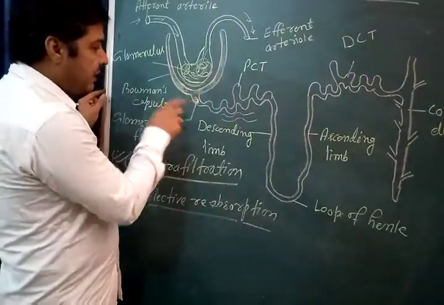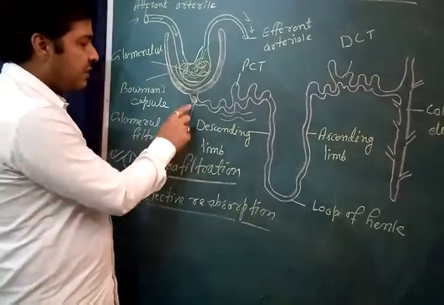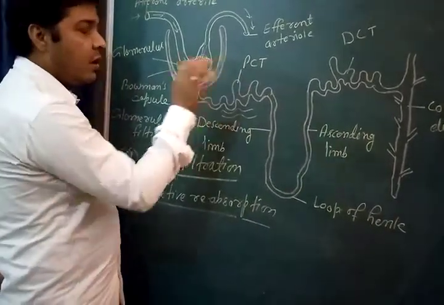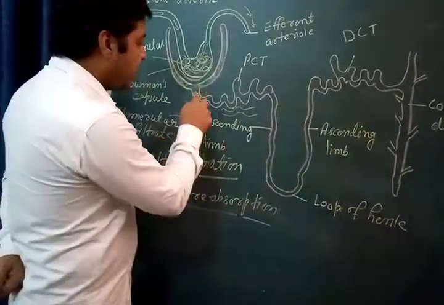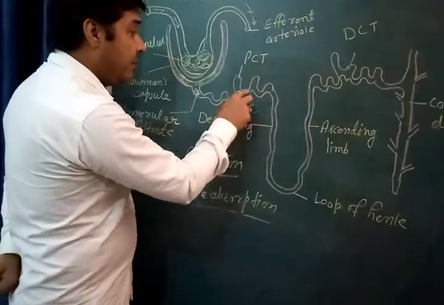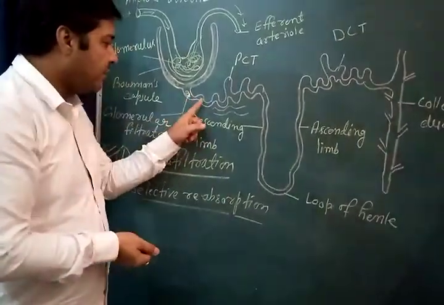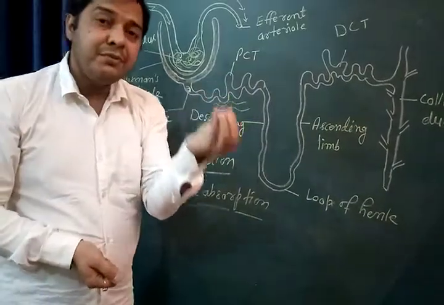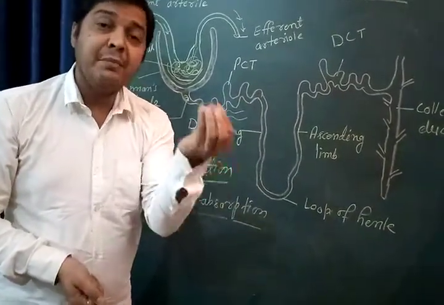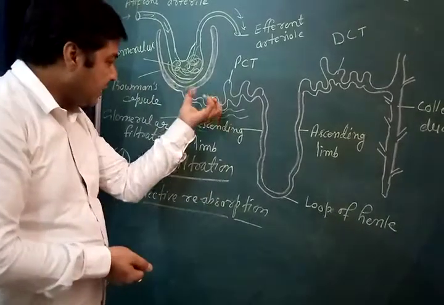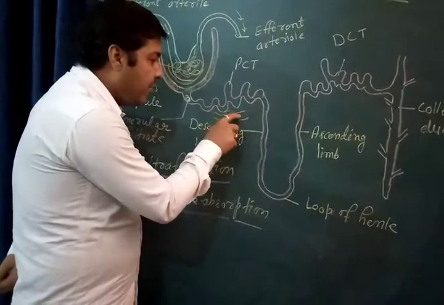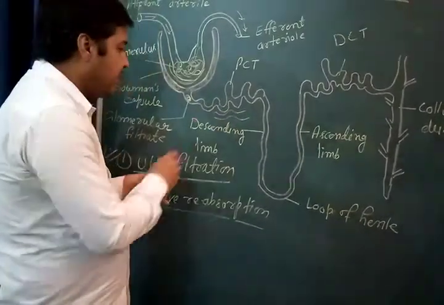First the filtrate, that we call the glomerular filtrate, starts moving through the PCT. This zigzag structure is called the proximal convoluted tubule. As it moves through this, some beneficial nutrients like amino acids start being reabsorbed from the glomerular filtrate. Who is reabsorbing? The blood which is present in the capillaries here.